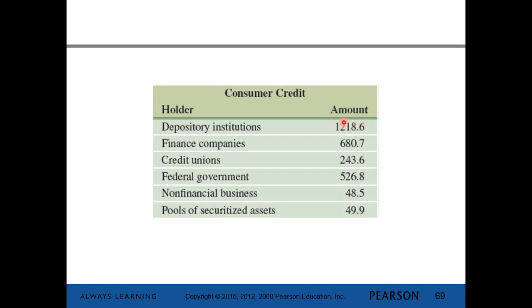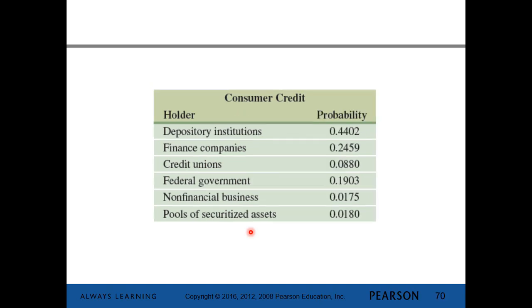That gives us a probability for each of these events: the event that a randomly selected person will have their credit held by any one of these particular institutions. So if we do that, you will get these probabilities.